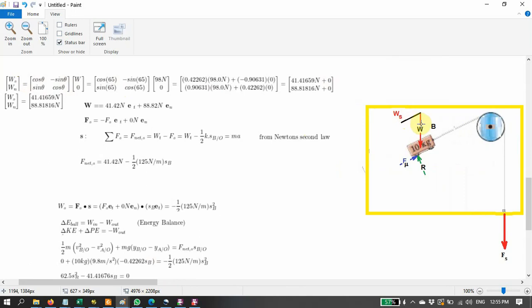If this is 25 degrees, then this one will be 65 degrees. The weight W in newtons, and then the weight component that acts along the motion of the 10 kilogram cart is 41.42 newtons, and the component normal to it, if there is friction but in this case we're going to ignore the friction, is 88.82 newtons.